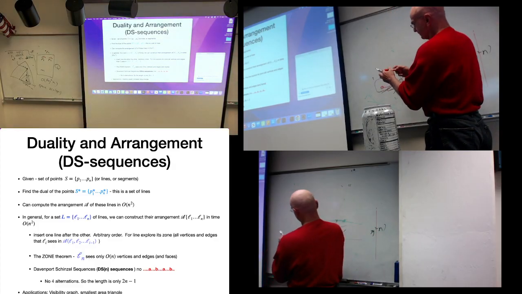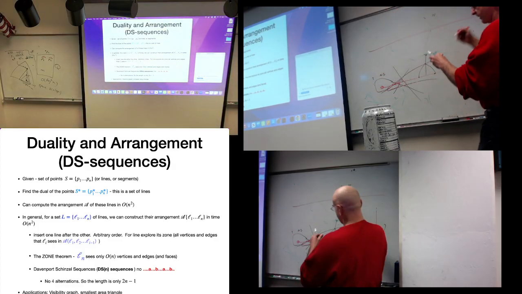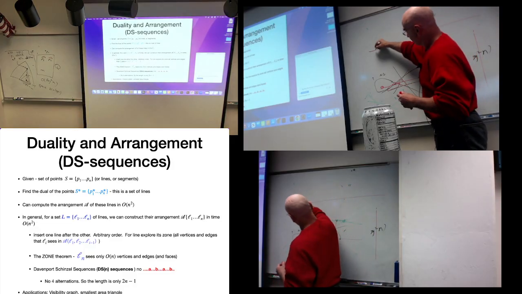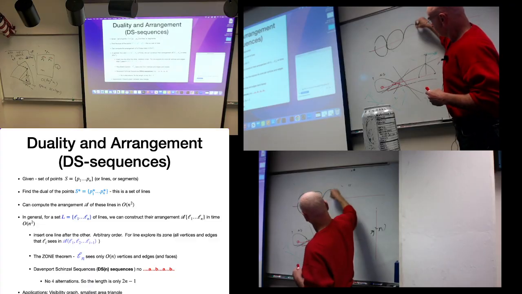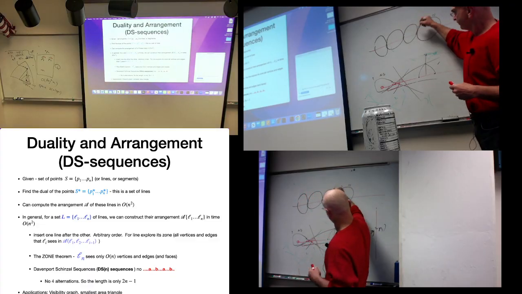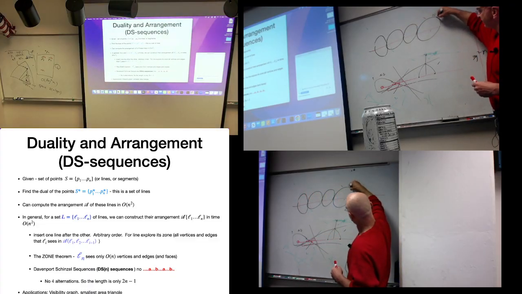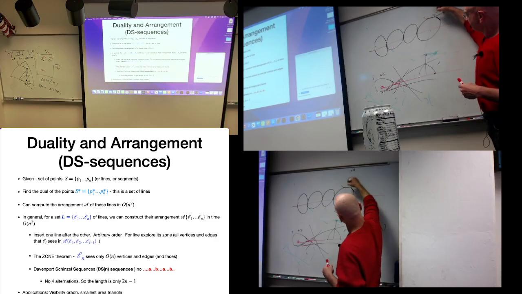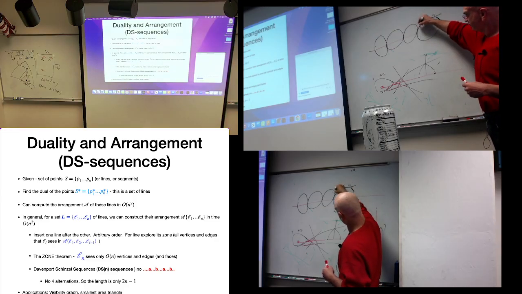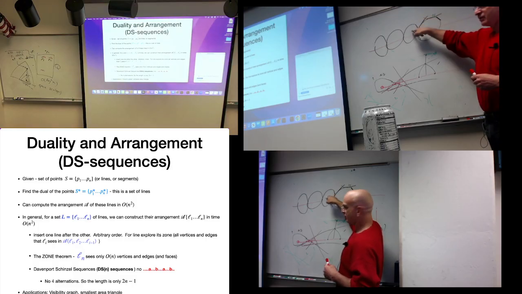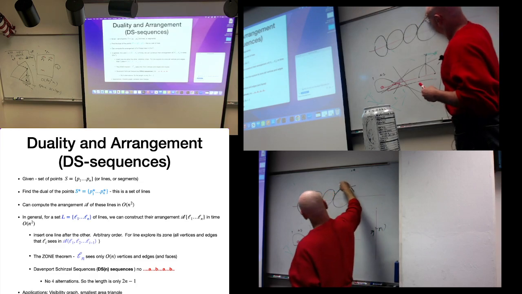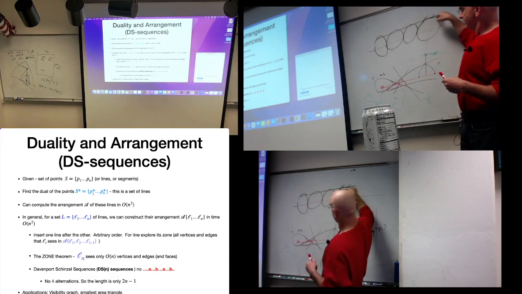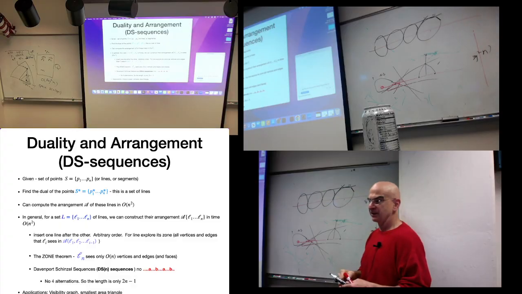I have my red line that is just being inserted, and it visits a face, and another face, and another face. And for every such face, I had to check every edge that defines such a face. And some of these lines were checked multiple times. It's possible that one line is checked in each one of the faces that the red one sees.